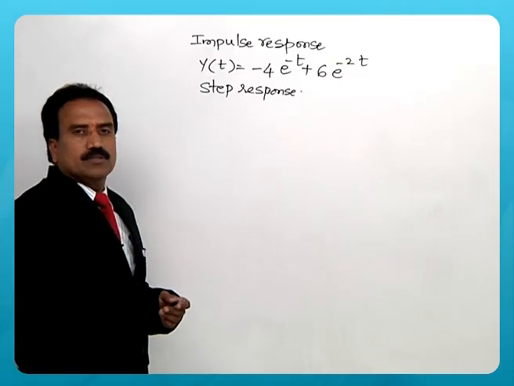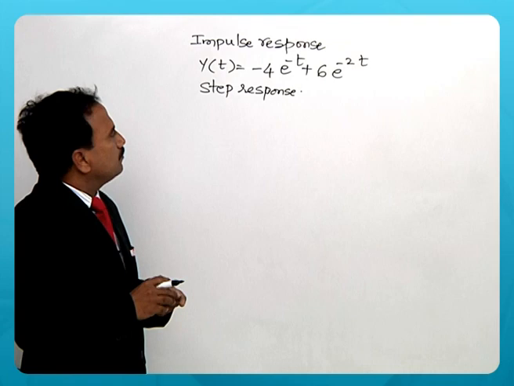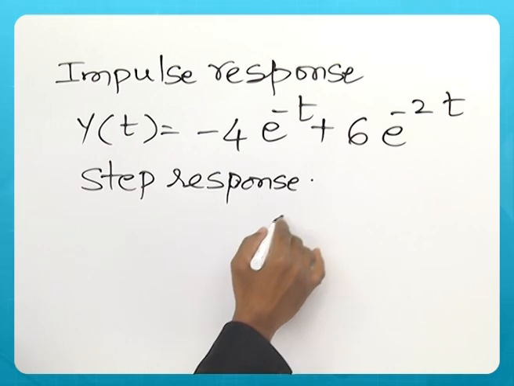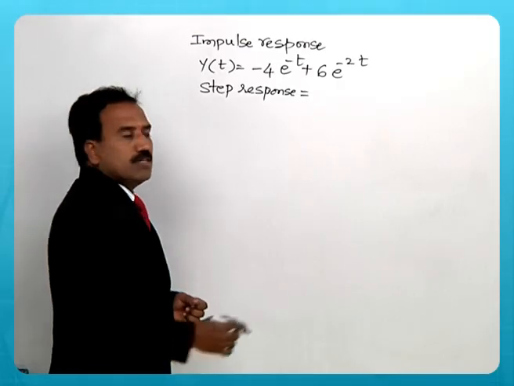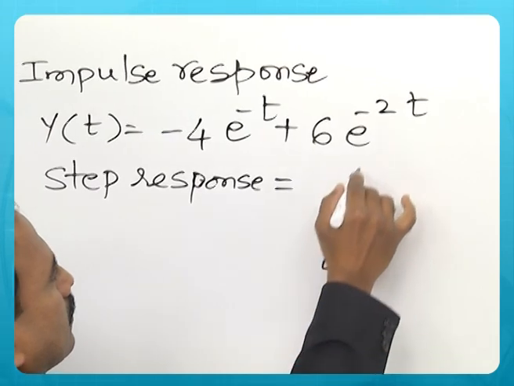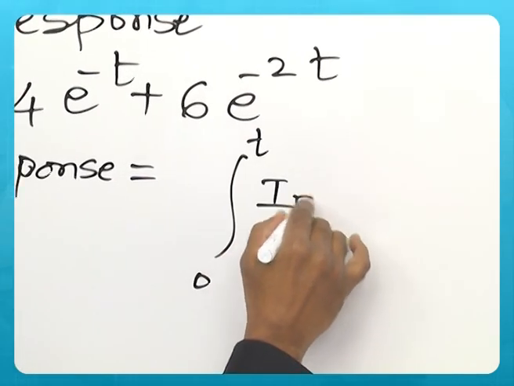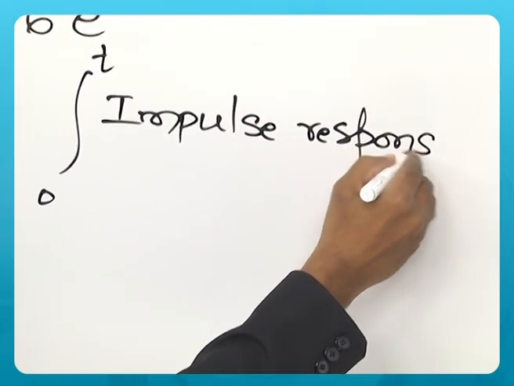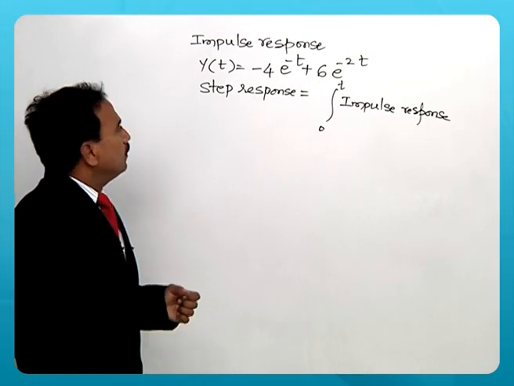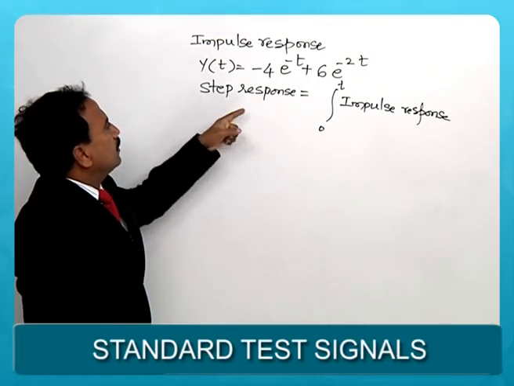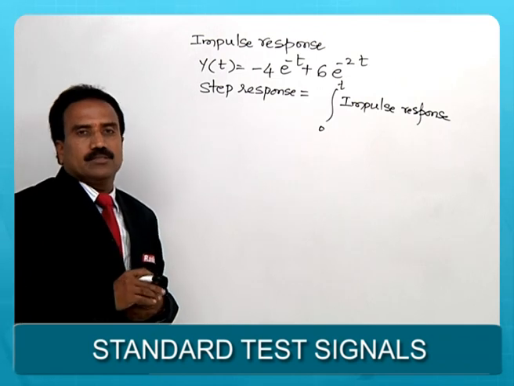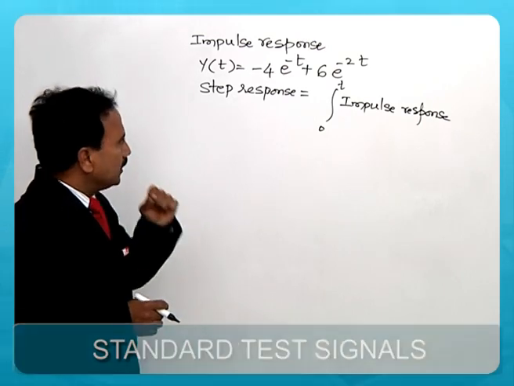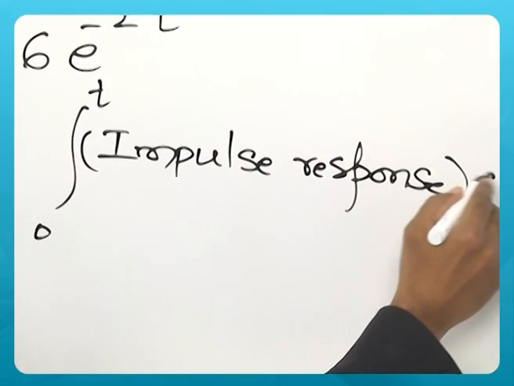As I indicated in the previous diagram, if I want to get the step response when the impulse response is given, the step response is equal to the integration from 0 to t of the impulse response. So if you know the impulse response, you can find out the response for a step input for the same system, but excited by a step input. So, integration 0 to t of the impulse response dt.